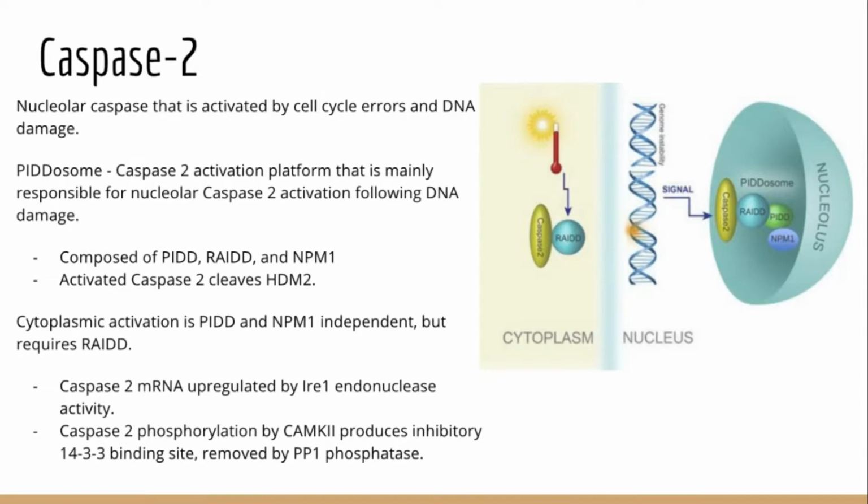And IRE1 cleaves specific RNAs. And it turns out that some of the RNAs that are specifically cleaved are microRNAs that are complementary to caspase-2. And so ER misfolding triggers degradation of microRNAs that target caspase-2, and so that leads to the upregulation of caspase-2.